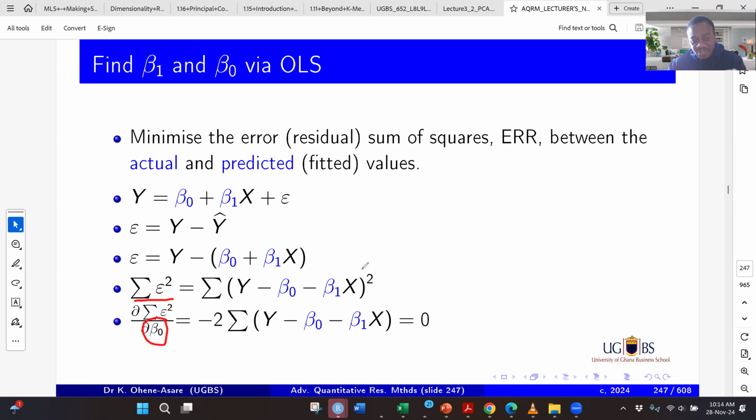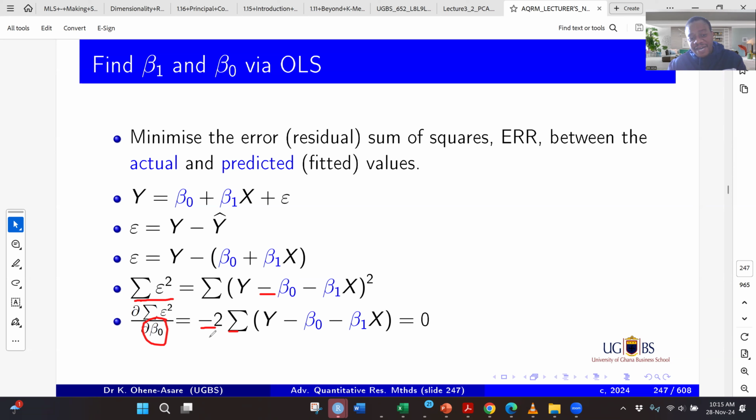But then all of them are squares, so technically, beta naught is to the power 2. So that 2, you bring to the summation symbol. Beta naught has a negative sign in front of it. So you have that negative 2 with a summation symbol, and everything is as it is here. It has only helped you to clear the square.